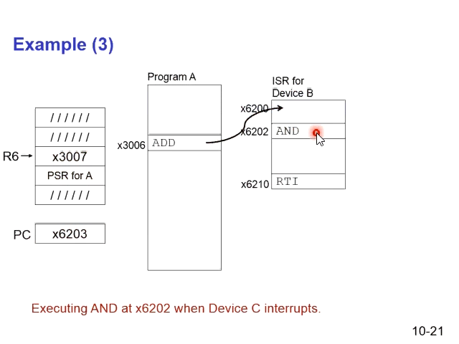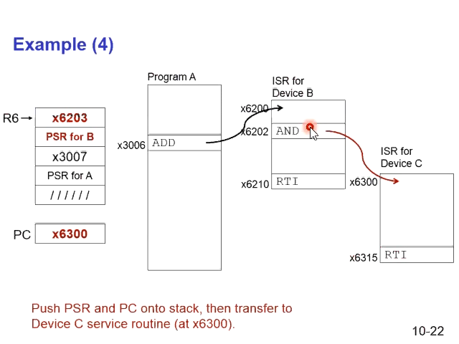Okay, and when we go to the instruction at the address x6202, this is an instruction in the ISR for device B. At that time, there is an interrupt, so you need to go to the interrupt routine for device C at the address x6300.